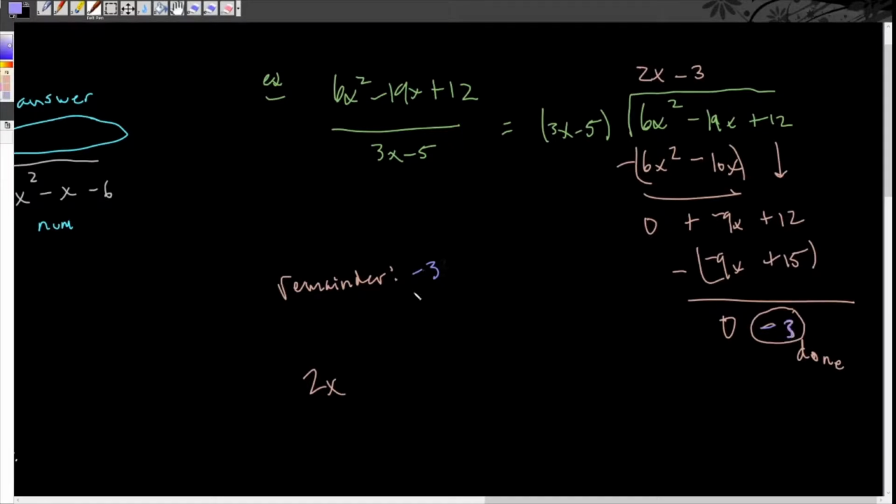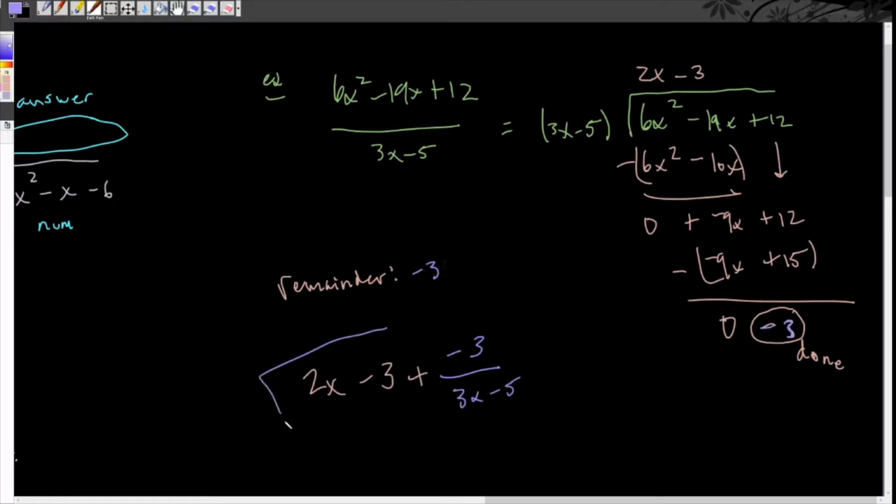So the answer is 2x minus 3. This is the orange 3. Plus, I take my remainder. This is the purple 3. Divide by this guy, 3x minus 5.